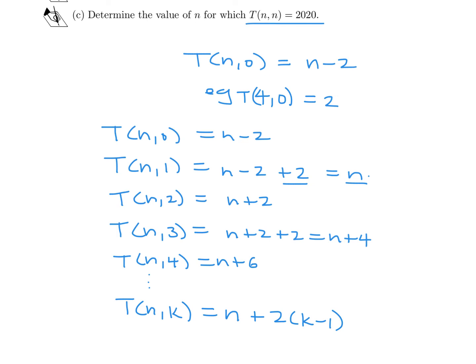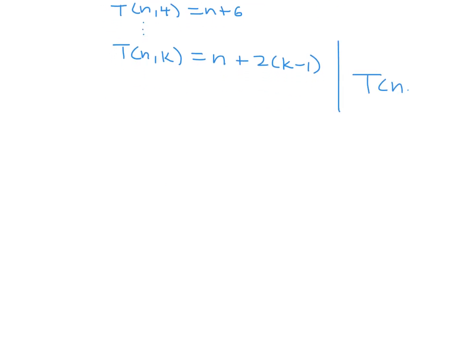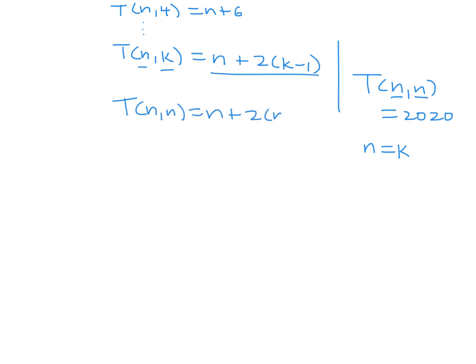So now we want this guy, Tnn, to be 2020. Okay? So how do we do that? All right, well, this time it looks like n is equal to k. There's both n's there. So n is equal to k. So that means this Tnn would be, if you use this formula, n plus 2 times n minus 1, which is n plus 2n minus 2, which is 3n minus 2.